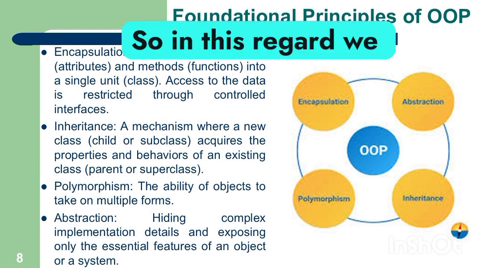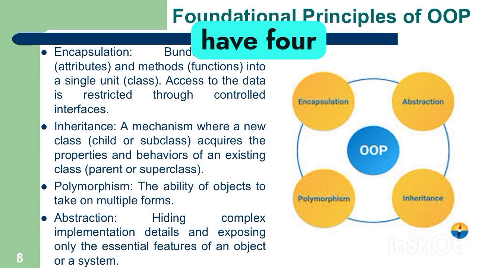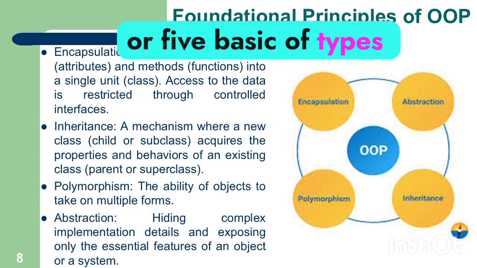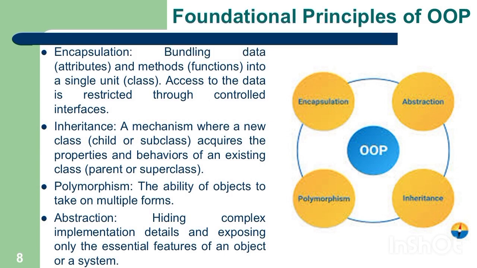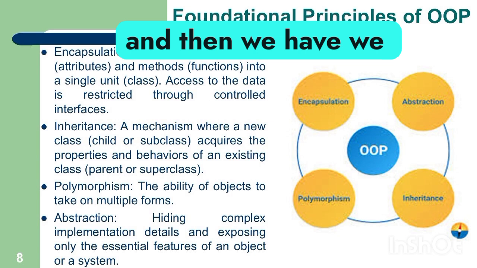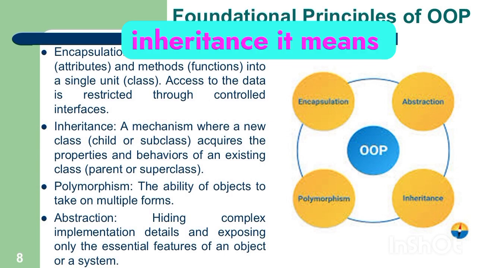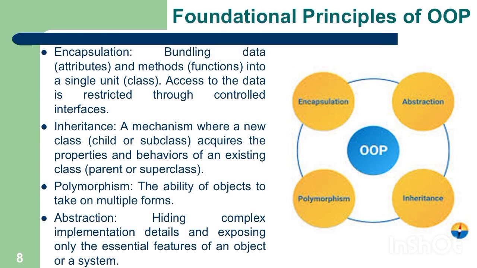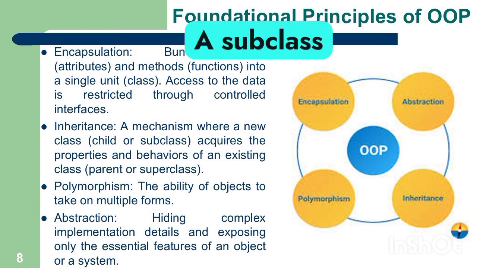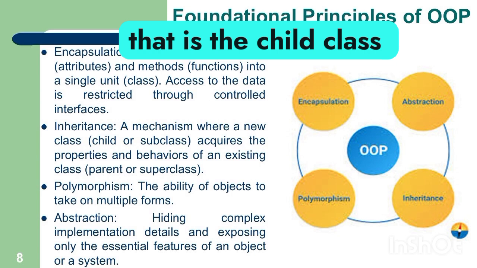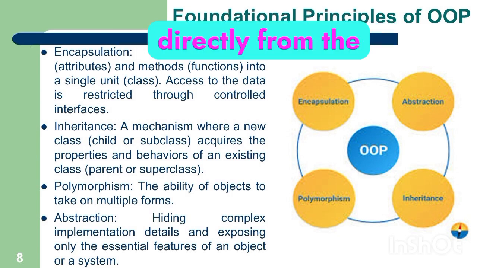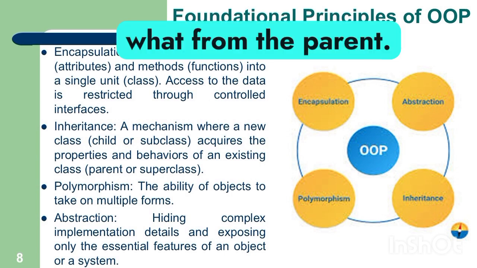In this regard, we have 4 or 5 basic types of inheritance. First we have single inheritance. In single inheritance, a subclass, that is the child class, inherits directly from the parent.